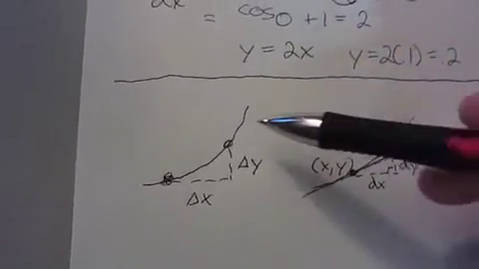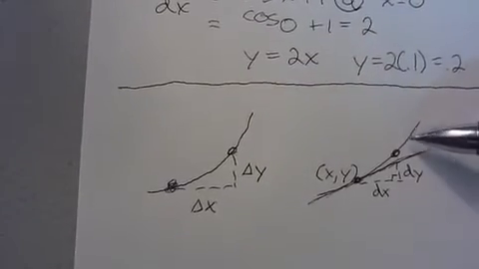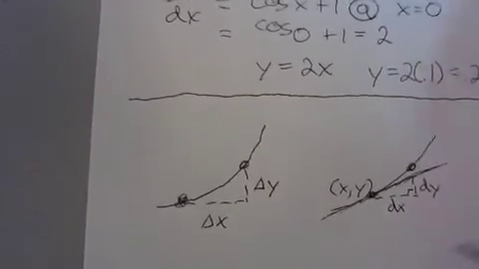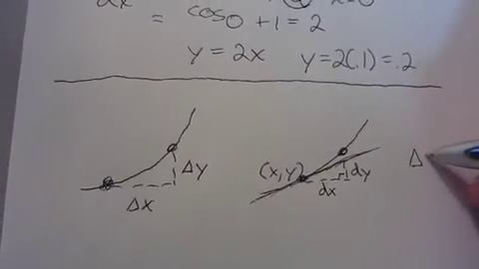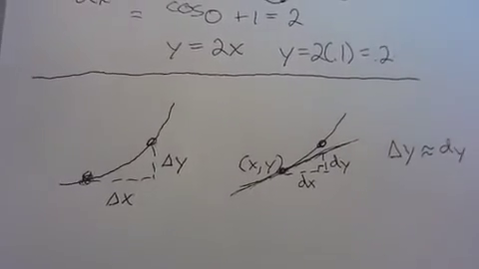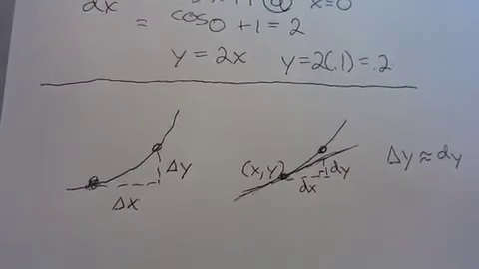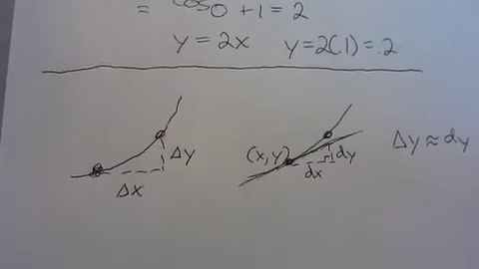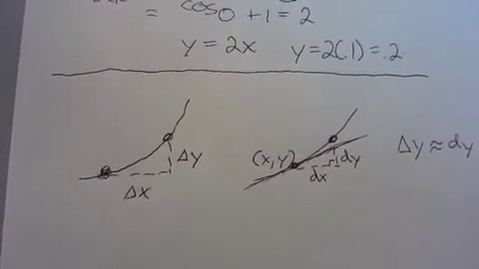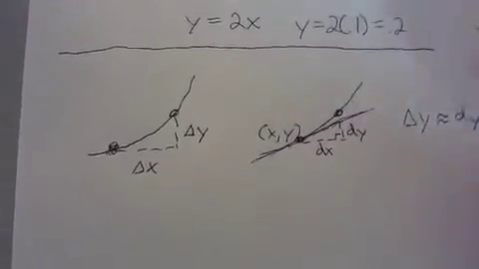Now if you'll notice, delta y is slightly larger than dy. Now for most situations we can say that delta y is approximately equal to dy. Okay, and the same thing for delta x and dx, but I think that this graph makes it clear that dx and delta x are very close.